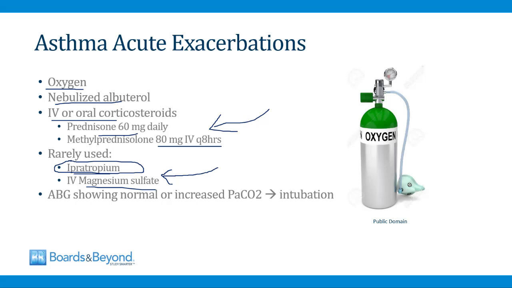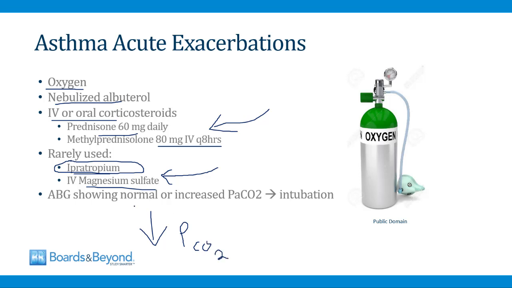And then finally, one thing to know clinically and for your board exams is that an ABG is often done in patients with acute asthma exacerbations. And these patients are hyperventilating to try and get oxygen into their lungs, so their PaCO2 should always be low. Any patient with an asthma exacerbation or a COPD exacerbation, for that matter, should have a low PaCO2.